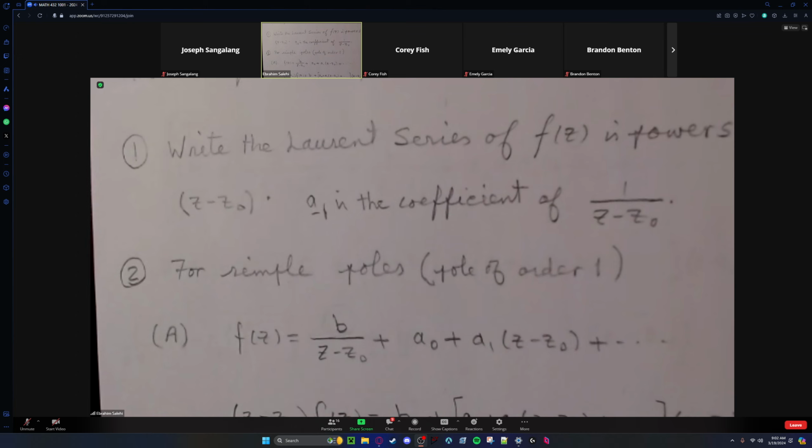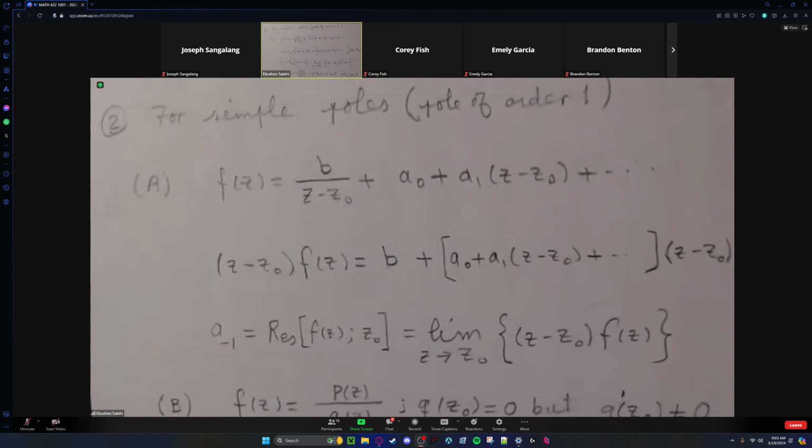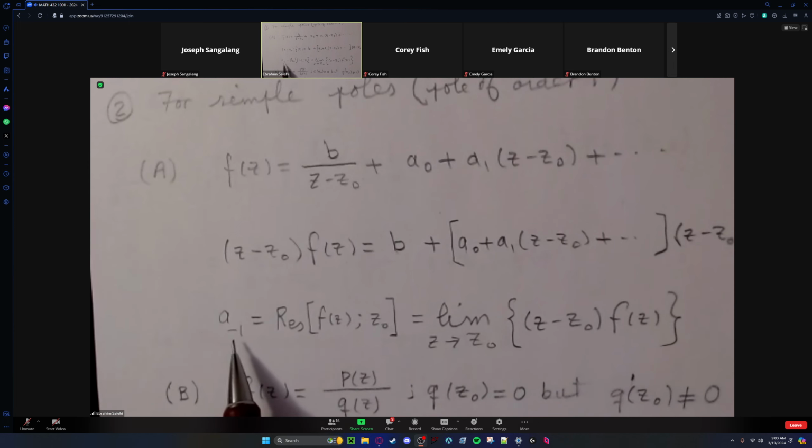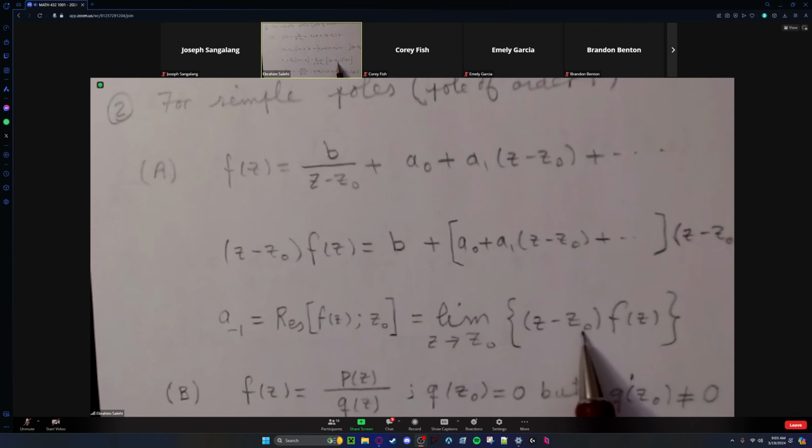In this case, if I multiply by z minus z naught, I will get B, and the rest will be multiplied by z minus z naught. As z approaches z naught, this part will be 0, and you get B. So if it is a simple pole, one way to compute the residue is this: you multiply by z minus z naught and take the limit.